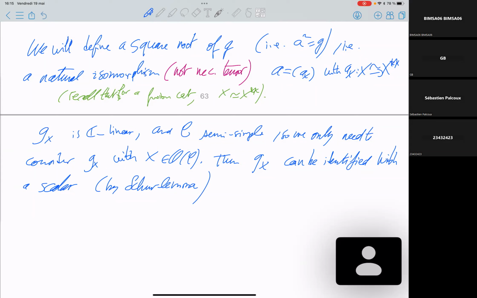Okay, so it's a scalar. So we admit a scalar square root a_X squared equals G_X in the complex field.